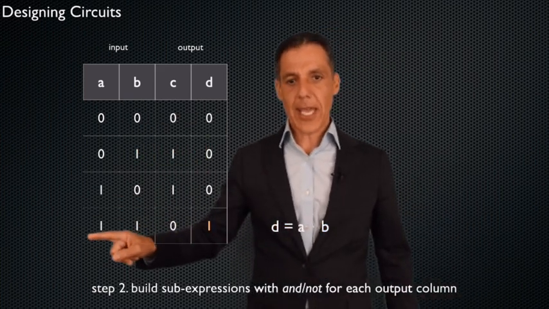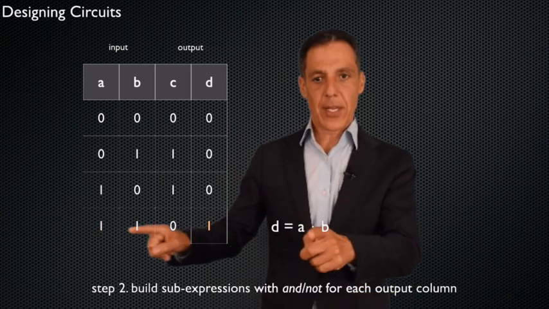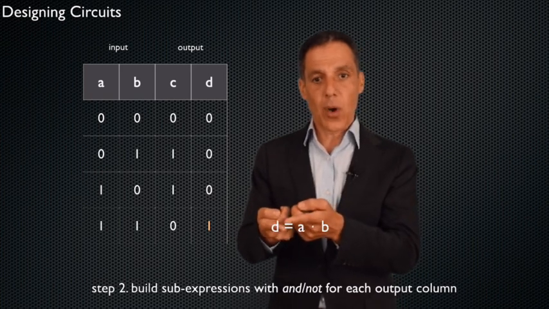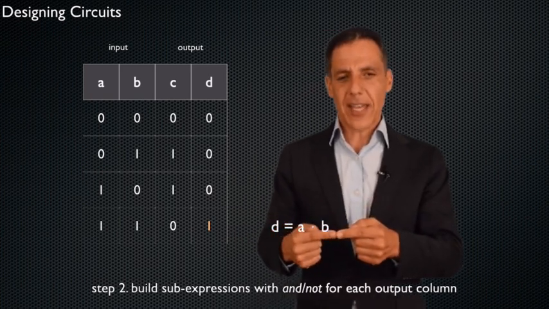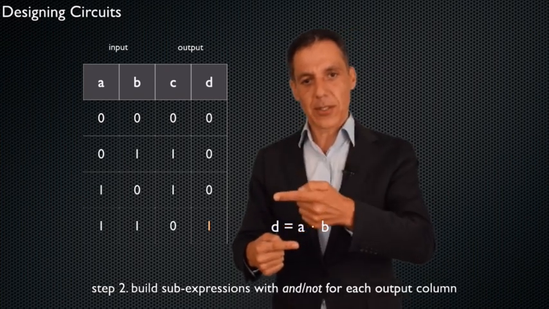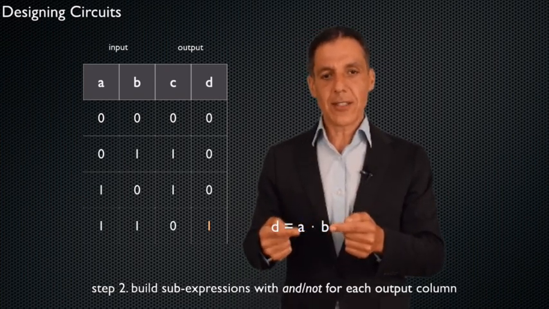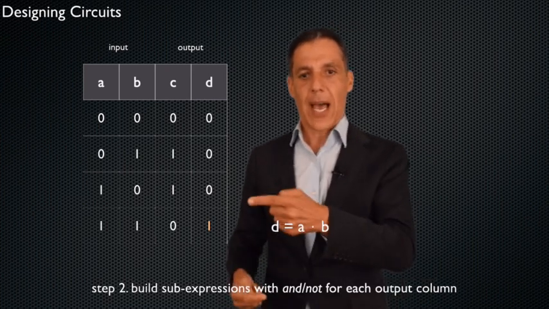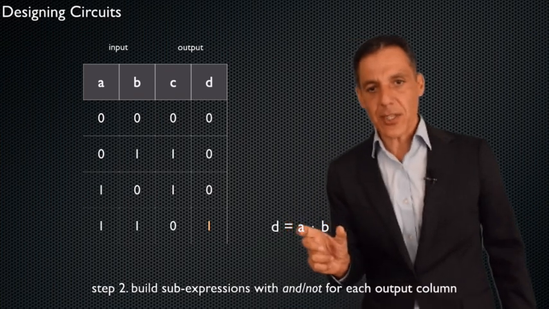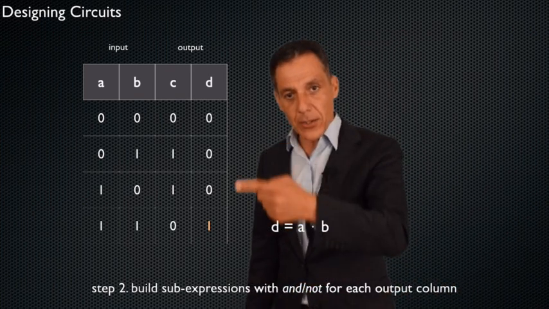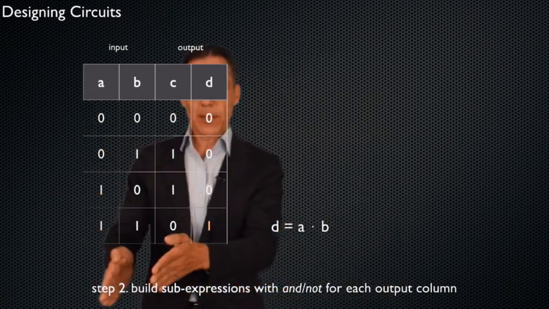I'm saying that when A is 1, there it is right there, and when B is 1, the output is 1. And notice that sort of for free, I get all the other rows of that output, because for all other instances, when A is 0 or B is 0 or they're both 0, I get a 0. So this little expression here, this little AND, embodies that entire output for those two inputs.